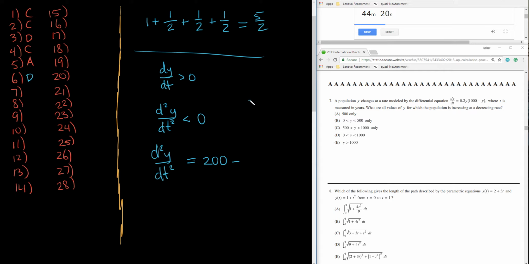So let me write this out. This is 200y minus y squared over 5. Right, so then we get minus 2y over 5, okay, so it makes things nice, or sorry, 2y over 5 dy/dt. We have to do the chain rule. And then dy/dt, of course, is this entire thing, 0.2y times 1,000 minus y.